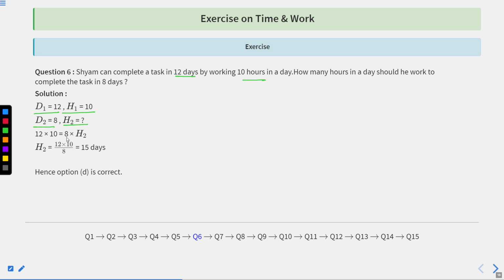So according to the formula, 12 times 10 equal to 8 times h2. So h2 will be equal to 15. Sorry, it will not be 15 days, it will be 15 hours. So the correct option here is option D.